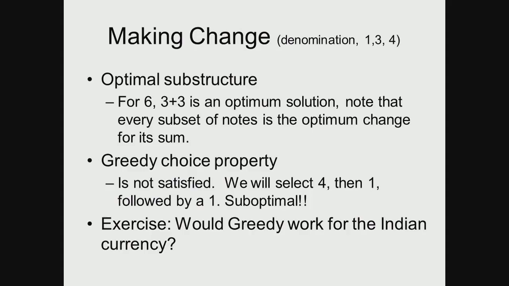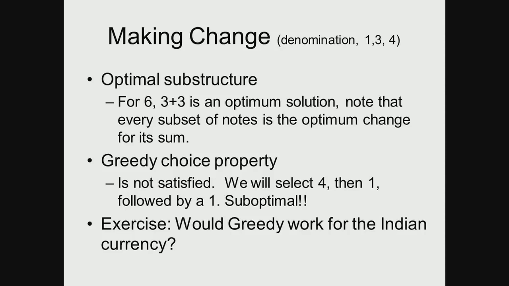We have seen this example of the change making problem and we wonder whether it has the greedy choice property. We have already observed that if the denominations are 1, 3 and 4 respectively, if you take an optimum solution, let us take the optimum solution for 6 in this example, which is 3 plus 3, note that every subset of nodes is the optimum change for its sum.